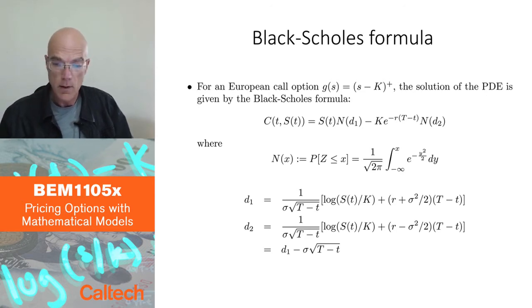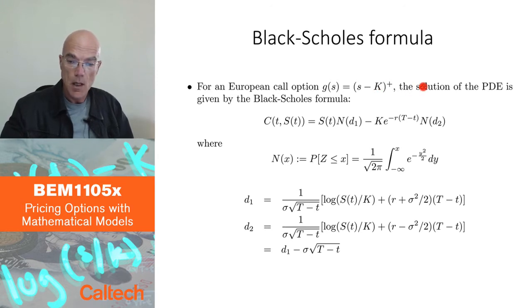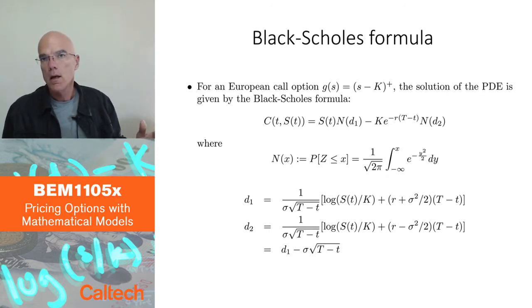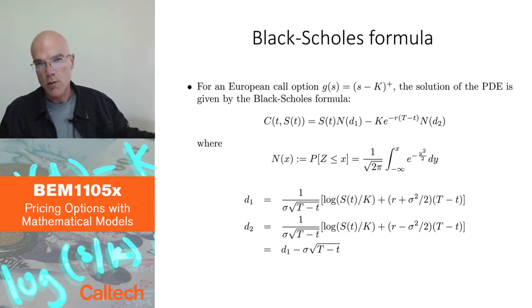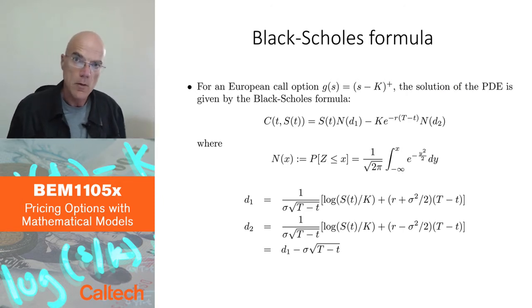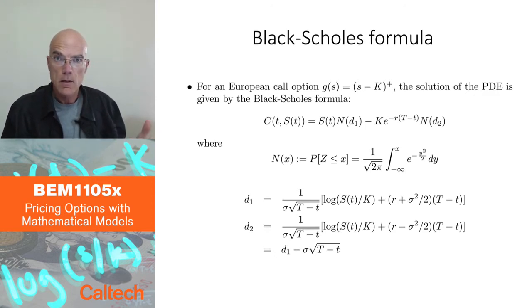That's what the function is. And the partial differential equation has a solution. Now, to find that solution, you have to be an expert in partial differential equations, or go to a textbook of partial differential equations and see how to construct a solution, which is probably what Black and Scholes did.